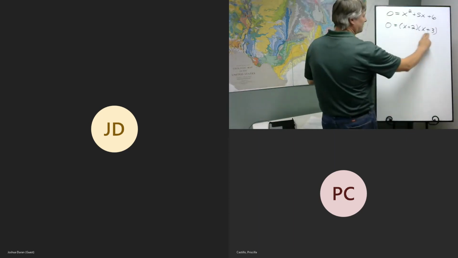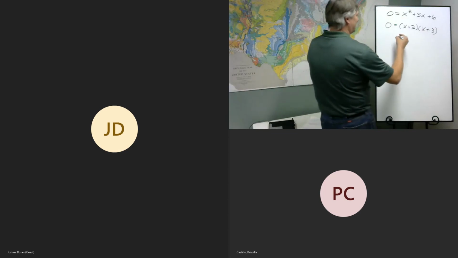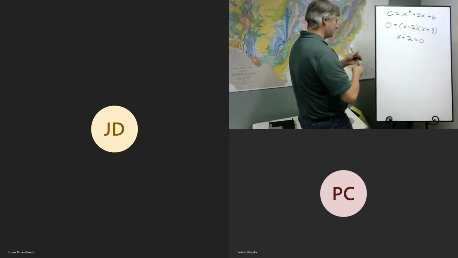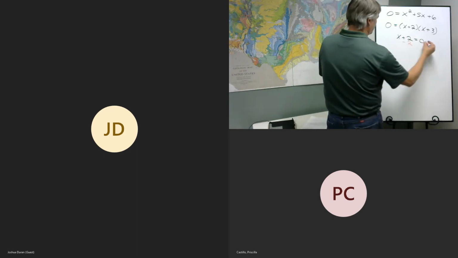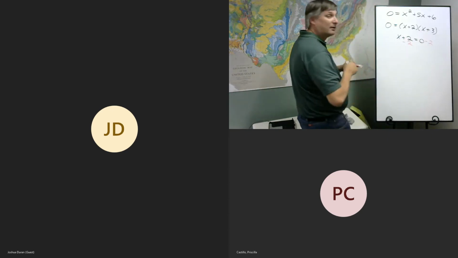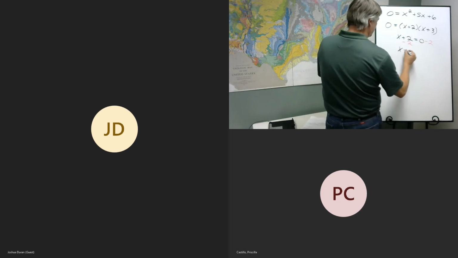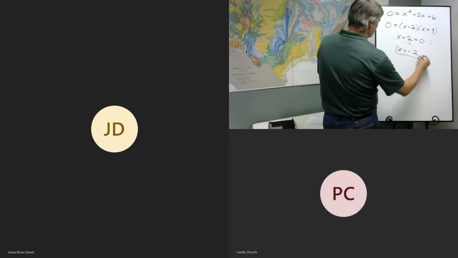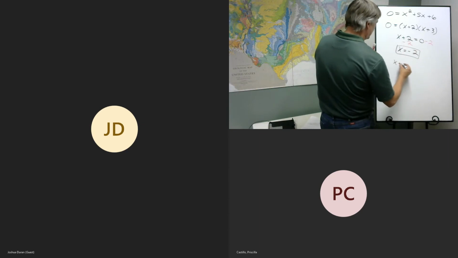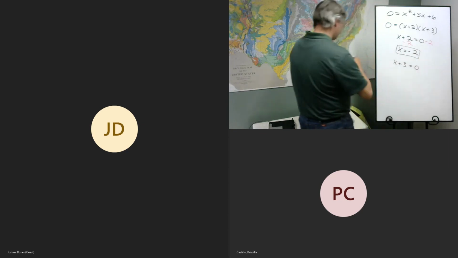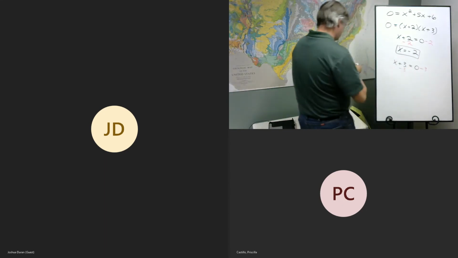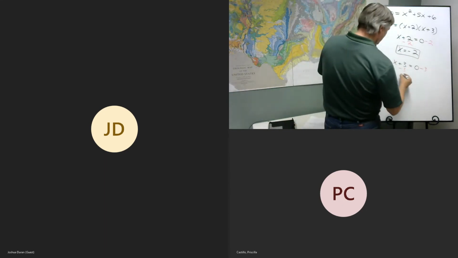This will be our a, and that will be our b. So x plus 2 equals 0. Okay. X is negative 2. And then x plus 3 is 0. Subtract 3. We'll get x is negative 3.